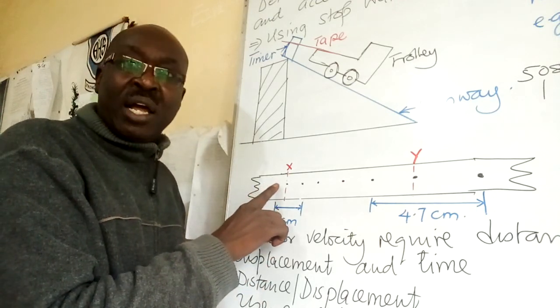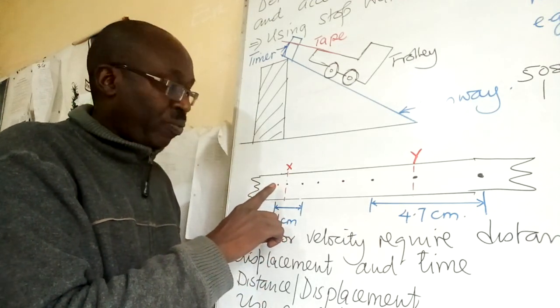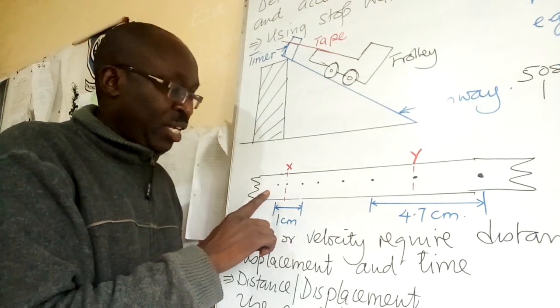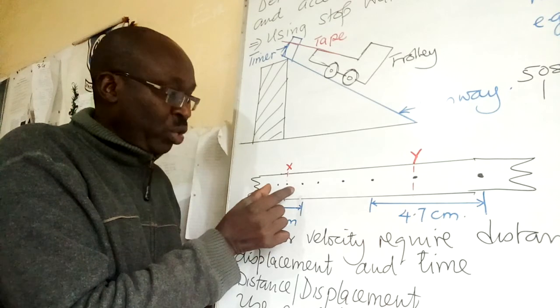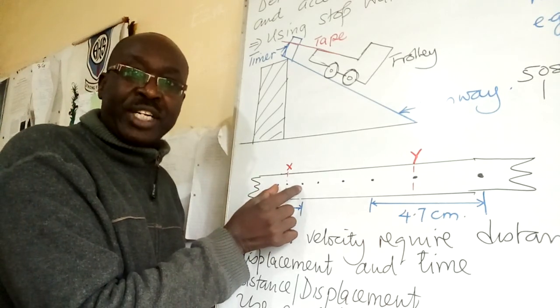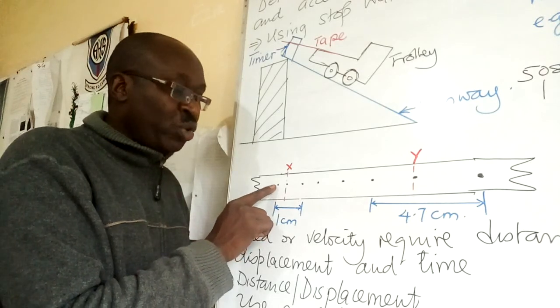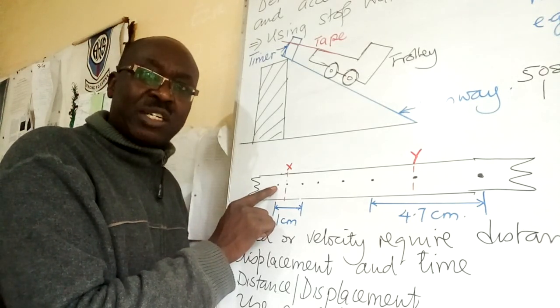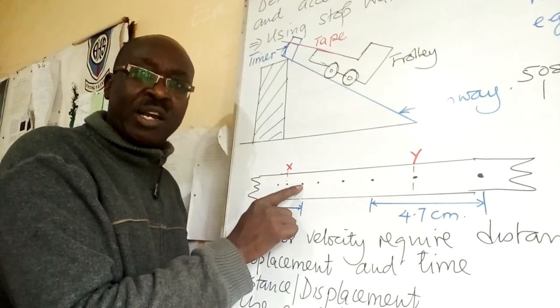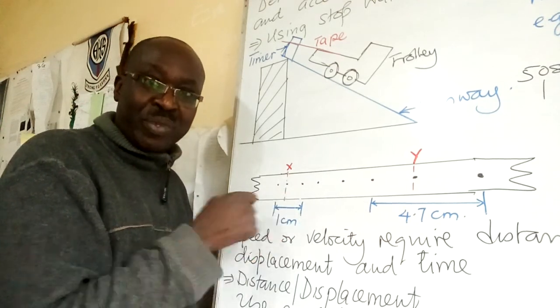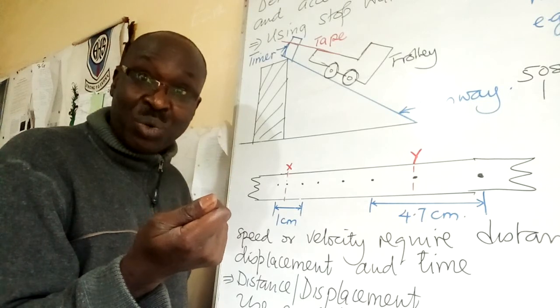Here is an example. This tape, I want to get the distance between the 2 points. All of you can see x. So the distance between the first point and the third point, meaning that I'm dealing with the two spaces, I've measured using a meter rule.